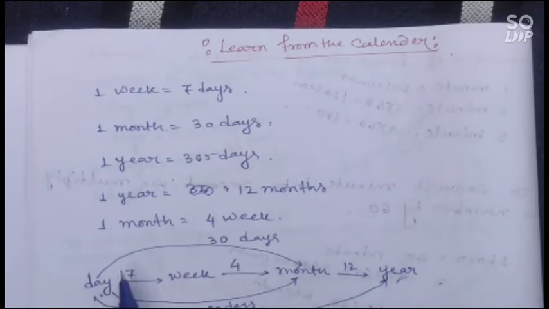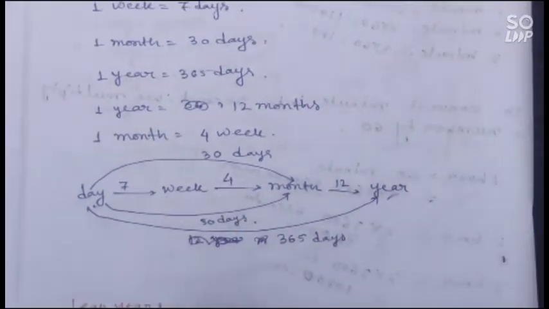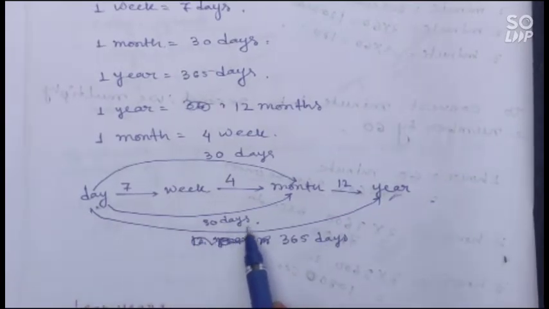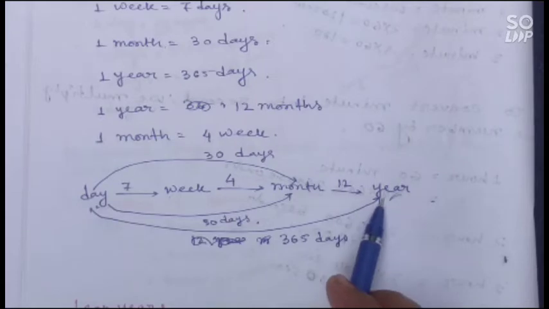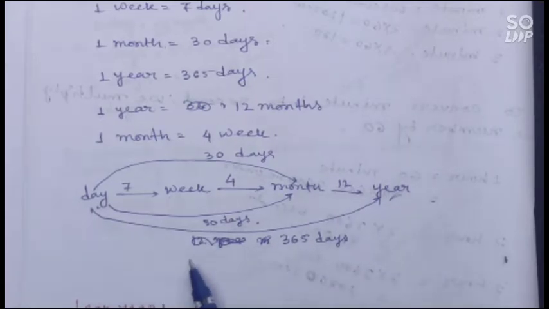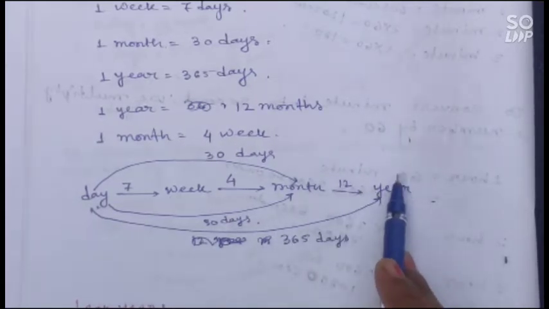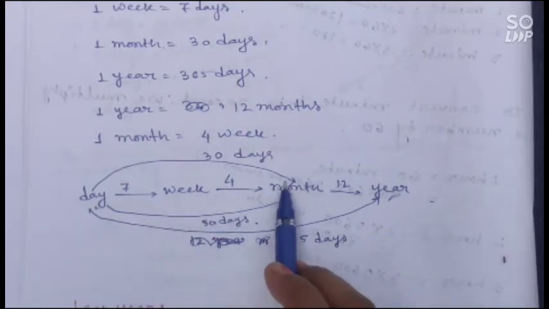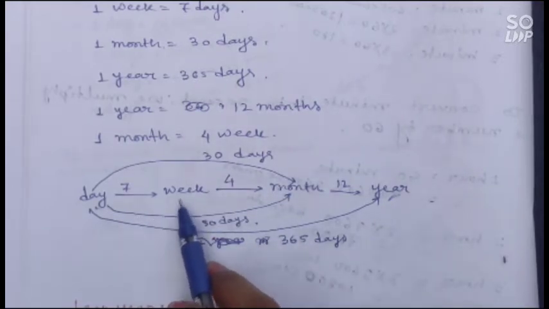So 7 days make 1 week, 4 weeks make 1 month, and 12 months make 1 year. And there are 365 days in one year. So 365 days make 1 year, 30 days make 1 month, and 7 days make 1 week.